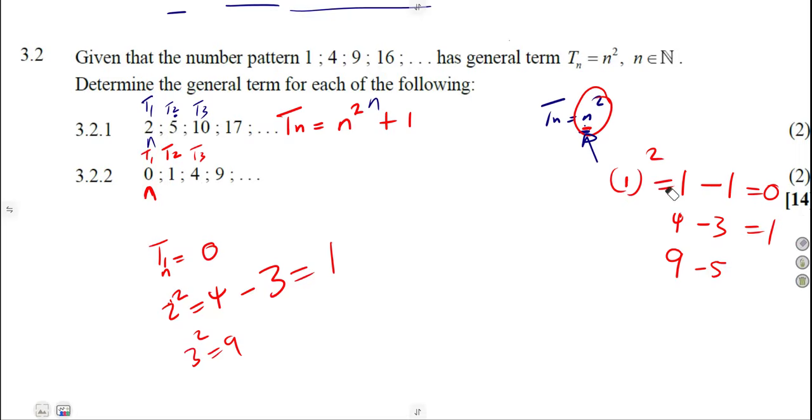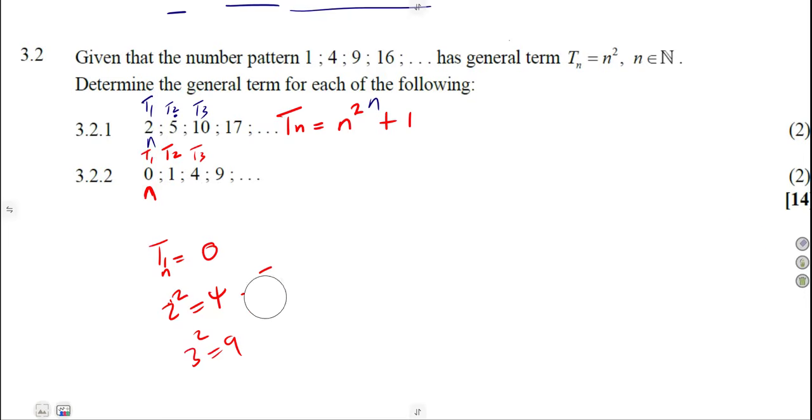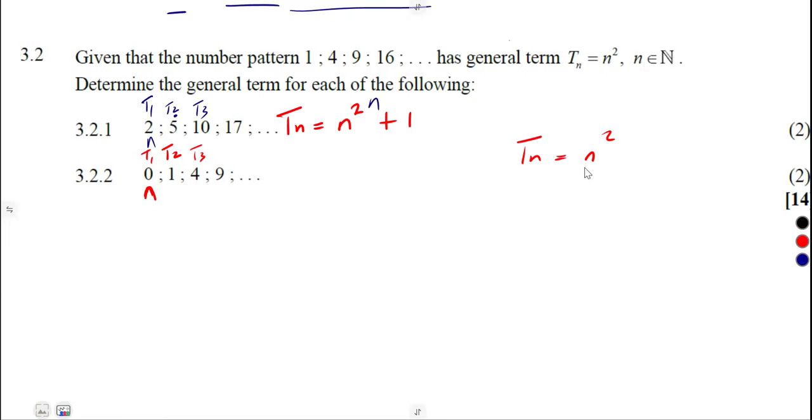But where can we treat it? Let's say from that n, we subtract 1 directly. We subtract from that n. Remember, Tn is equal to n squared. But let's say we subtract directly on that n squared. The first term, n is 1. T1.